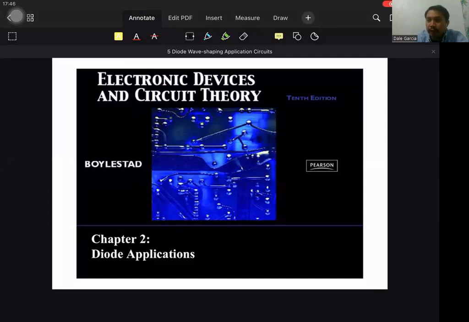Those are examples of alternating current sources, or alternating current signals. Or what if it is random, like a voice signal? The circuits we will discuss this afternoon will deal particularly with those kinds of signals, alternating current signals.